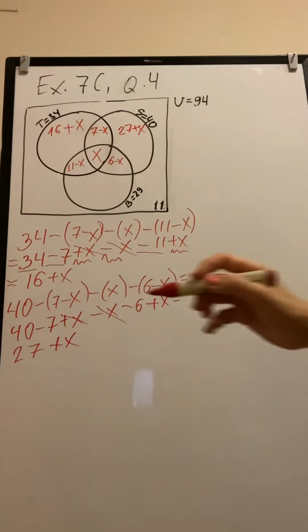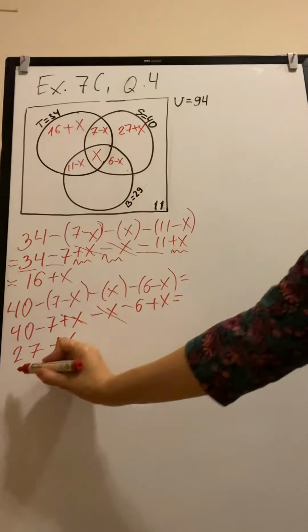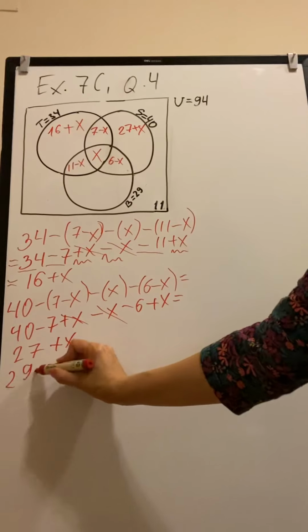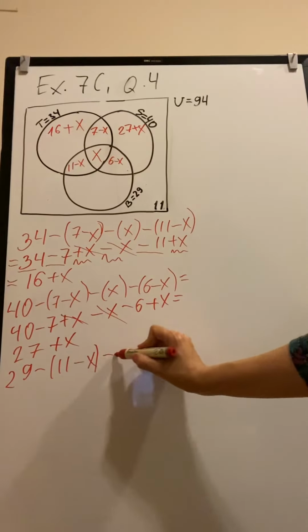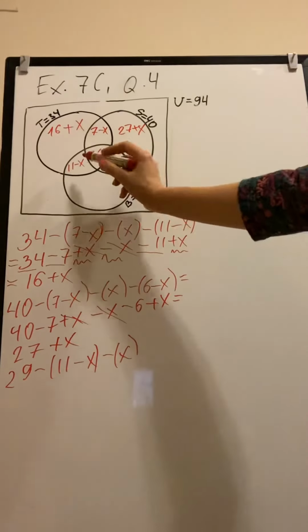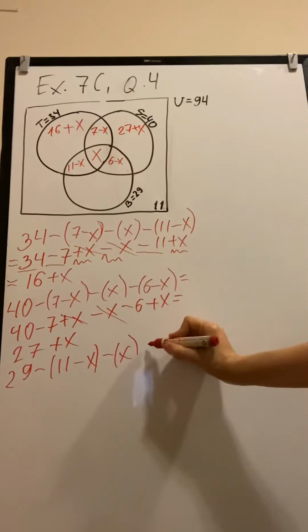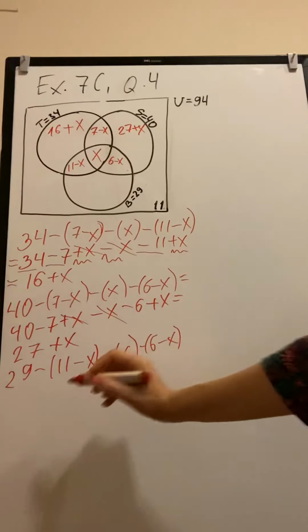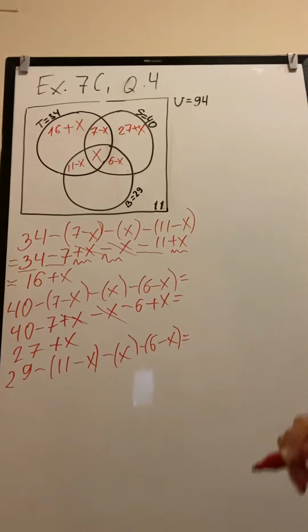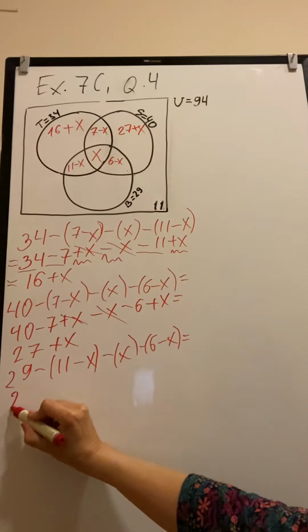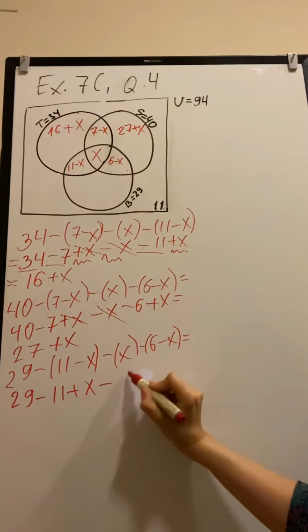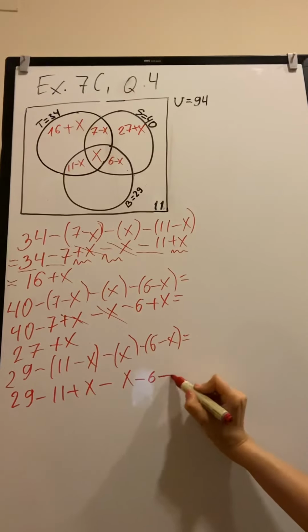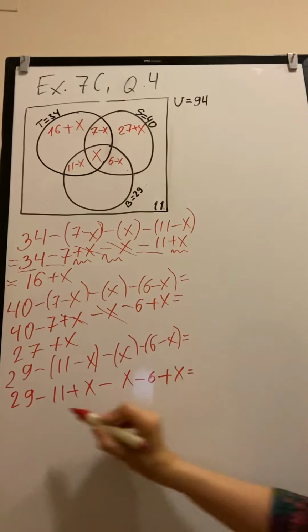And finally, let's do this last one for the body work. 29 minus 11 minus x, okay, and minus this area, 6 minus x, minus x. Okay, that equals 29 minus 11 plus x minus 6 plus x.